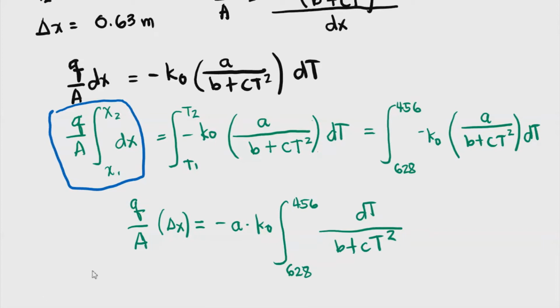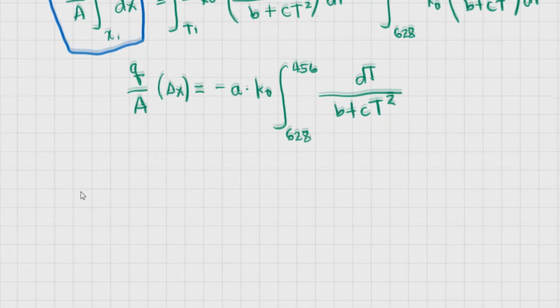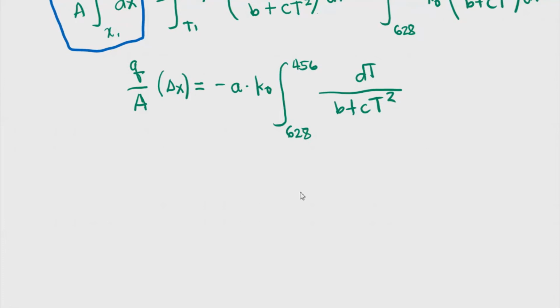Now in your integral calculus, remember, this is in the form of an inverse trigonometric function. This is almost the same as the form of du over a squared plus u squared.